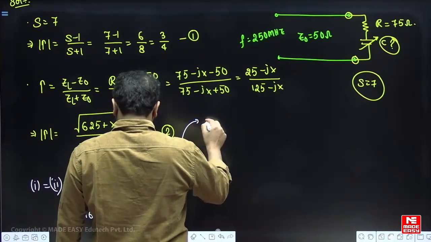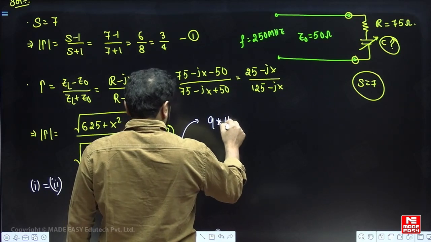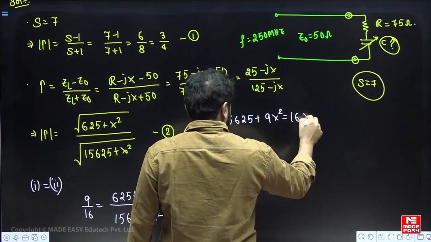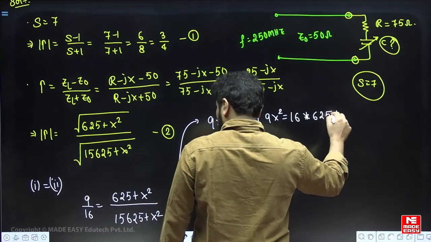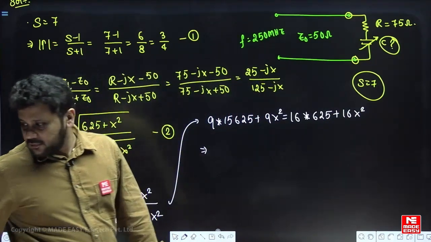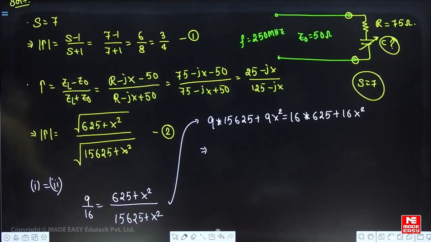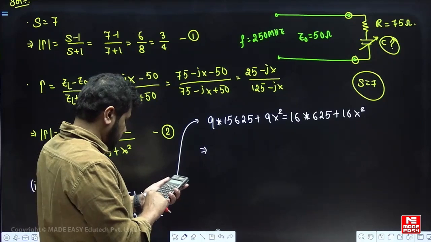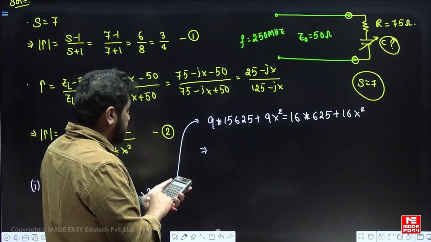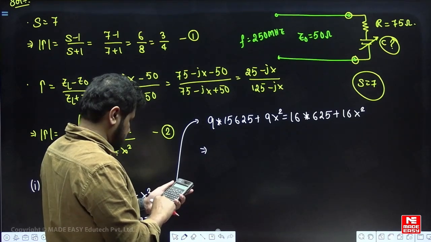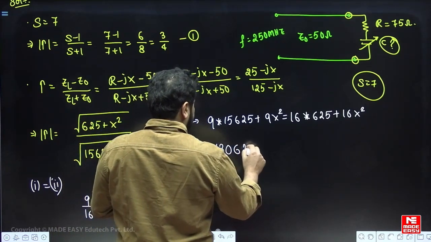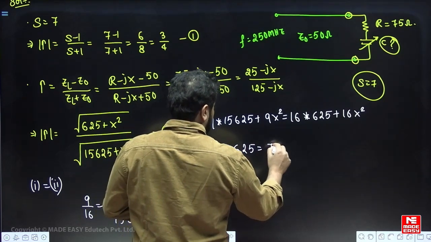So from here I can say that 9 multiplied by (625 plus x square) is equal to 16 multiplied by (15625 plus x square)... so therefore I can say that, calculator, 15625 into 9 minus 16 into 625, 130,625 is equal to 16 minus 9, that is 7x square.